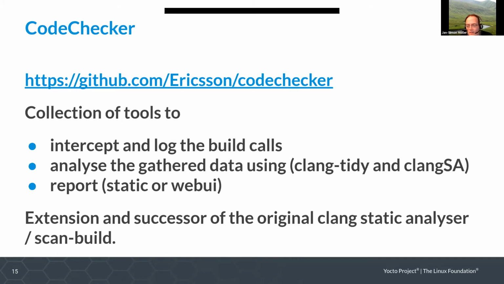I mean, they need all the flags, they need all the includes, they need all whatnot. So they will log what was called, what was invoked. In the second step, they will analyze it, and they will basically rerun the same call using Clang and clang-tidy and Clang basically scan-build.